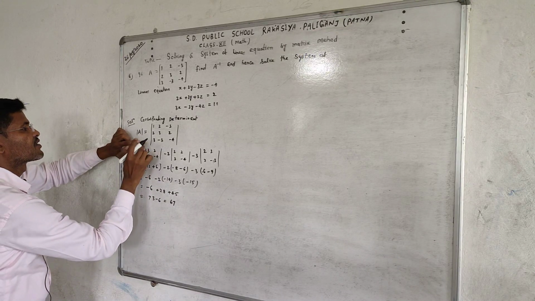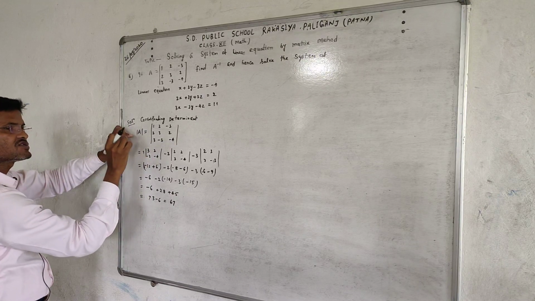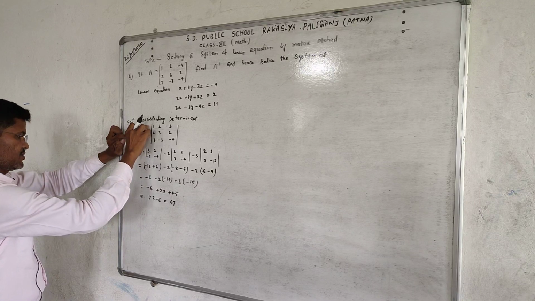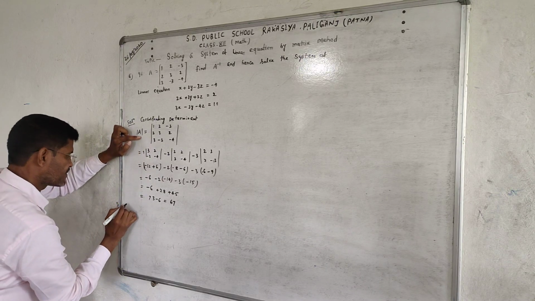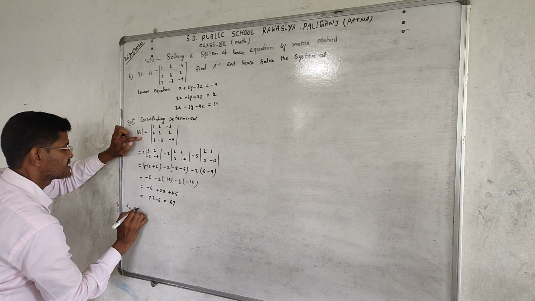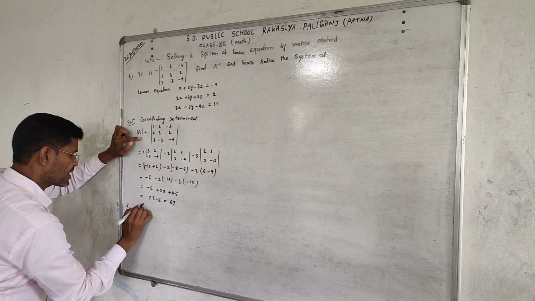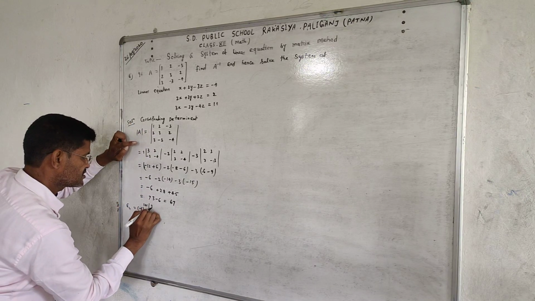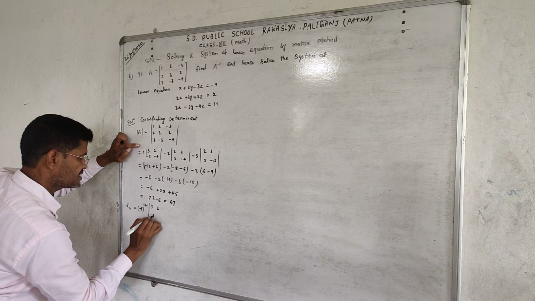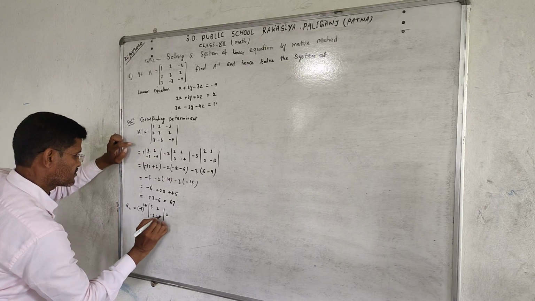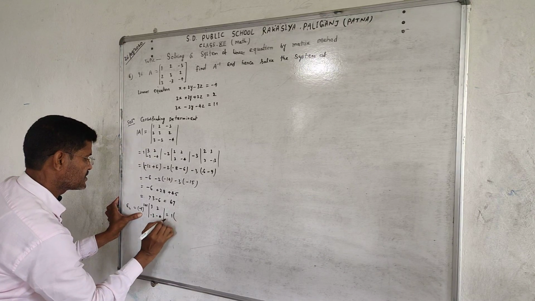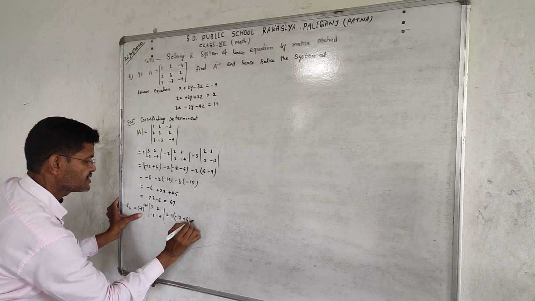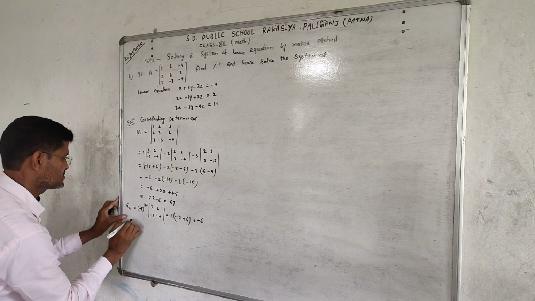For finding the inverse of this matrix, first of all we have to find the corresponding cofactors. Cofactor A11 is (-1) to the power 1 plus 1 into the determinant of [3, 2; -3, -4], which is 1 into minus 12 plus 6, equal to minus 6.